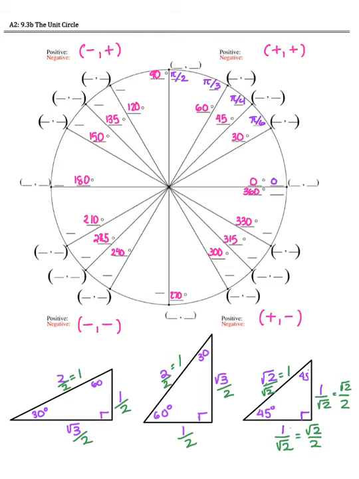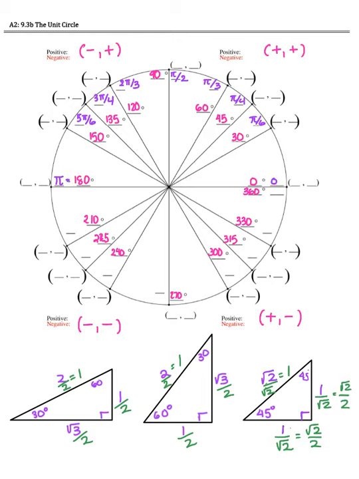Then we get to 120. So that's like 2 times 60, so this will be 2 pi over 3. 135 is actually 3 45s, 45, 45, 45, so this will be 3 pi over 4. 150, if I counted by pi over 6, pi over 6, pi over 6, we get out here to 5 pi over 6, and then we know 180 and pi are equivalent.